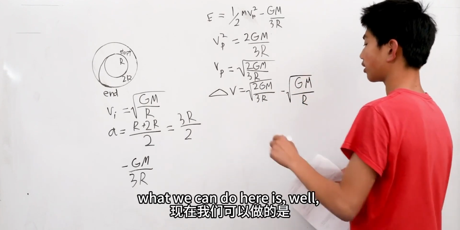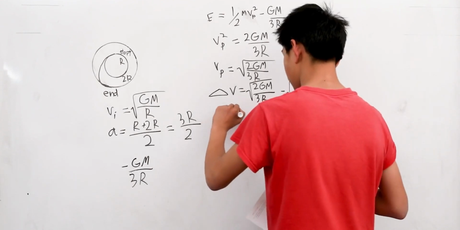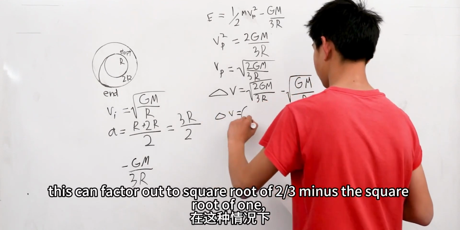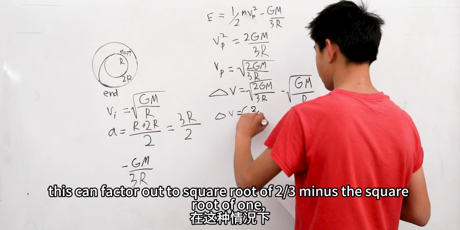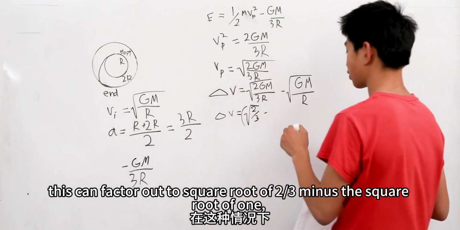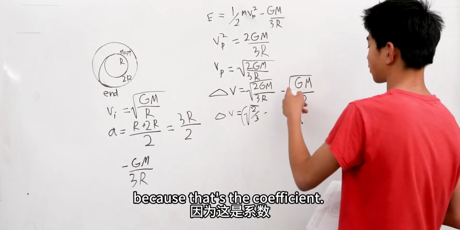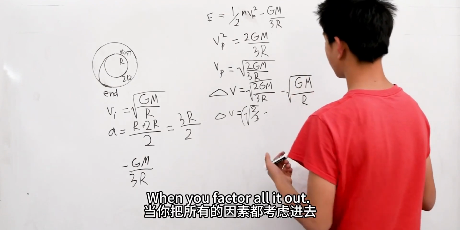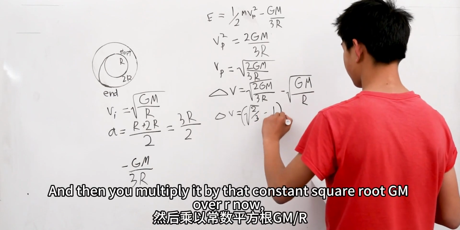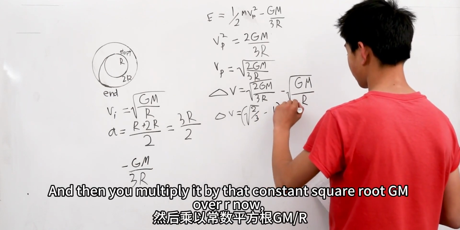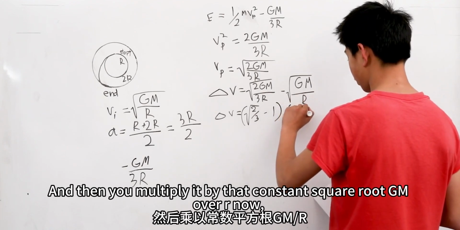Now what we can do here is factor out: the square root of 2/3 minus the square root of 1, because that's the coefficient when you factor it out. This is just 1, and then you multiply it by that constant, the square root of GM over r.